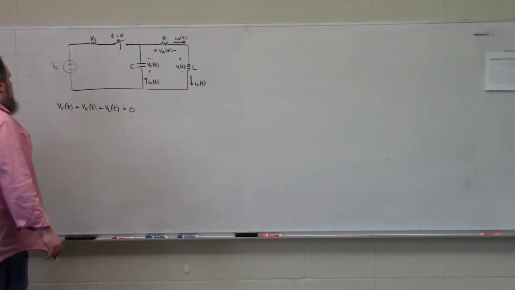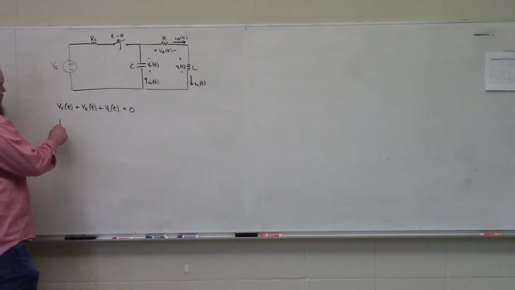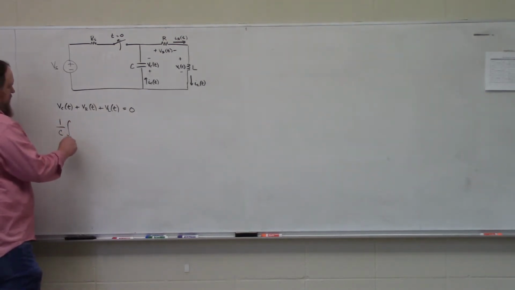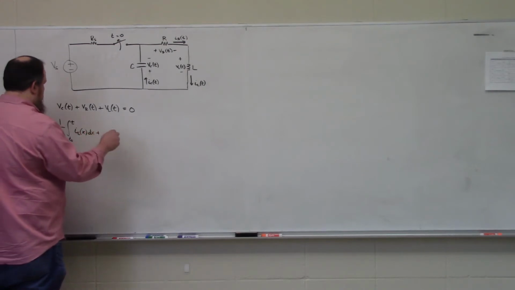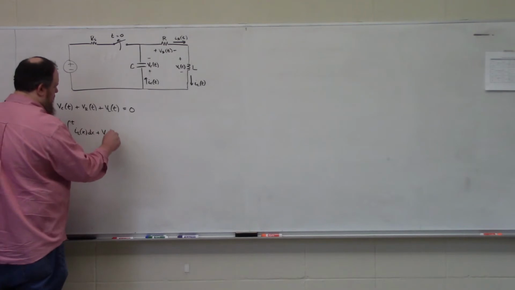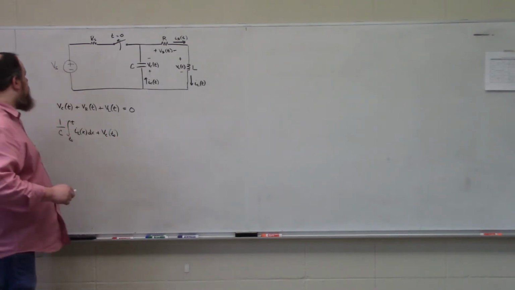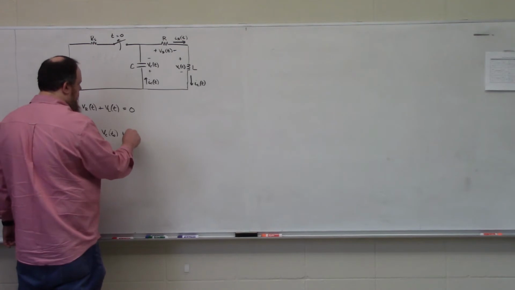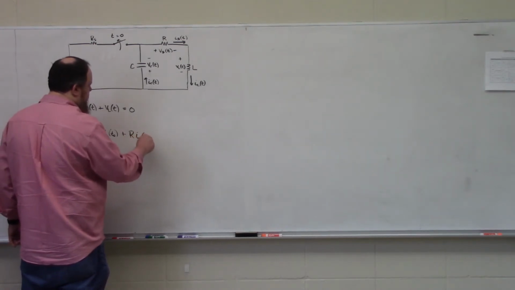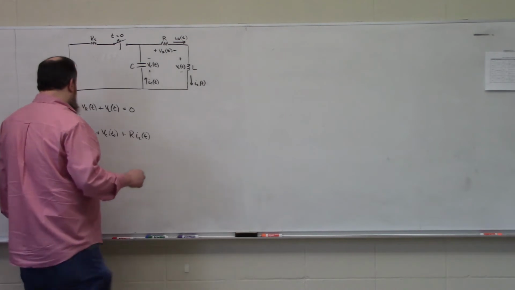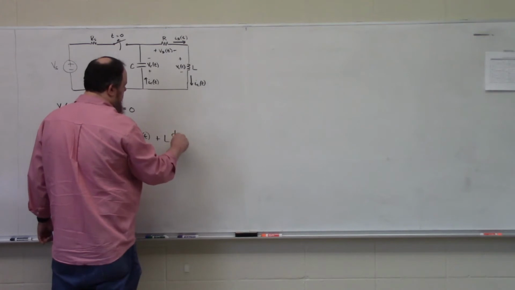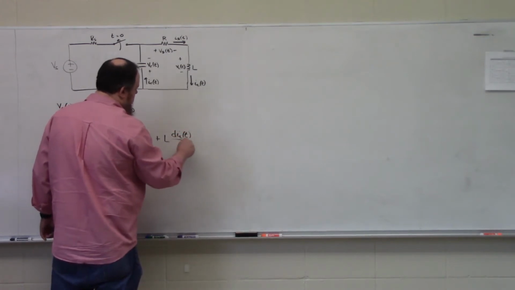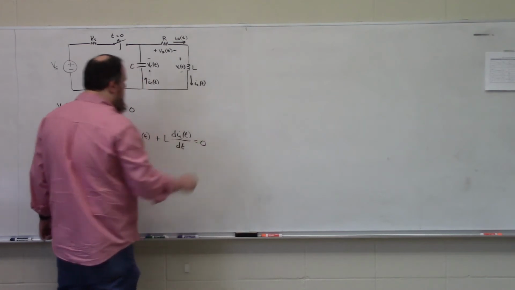So VC of t will be 1 over C, the integral from t naught to t of IL of x dx plus some initial condition on our capacitor voltage. The voltage drop over our resistor will just be R times IL of t. And the voltage drop over our inductor will be L dIL by dt, is equal to 0.